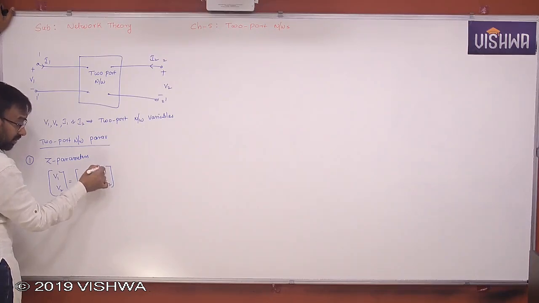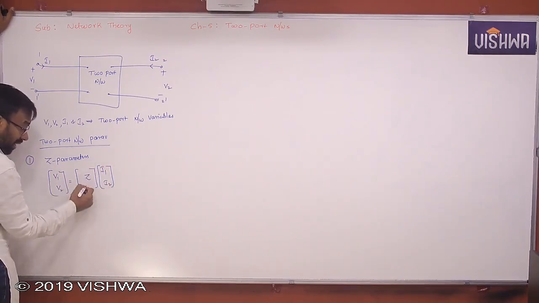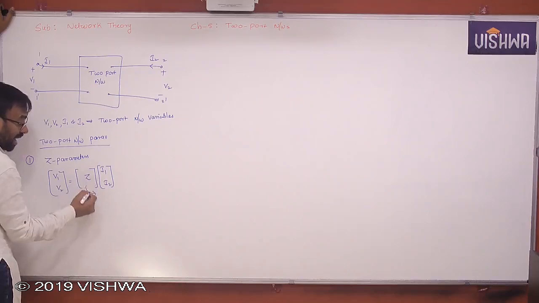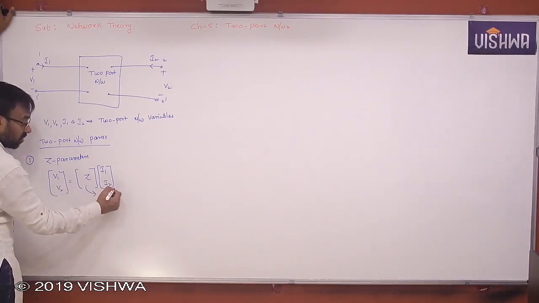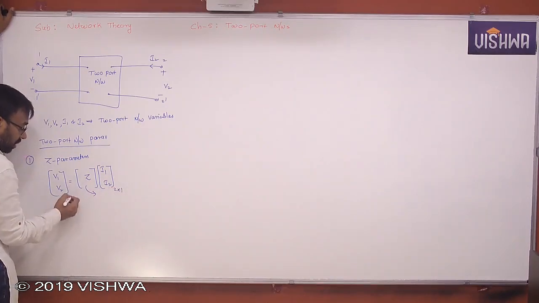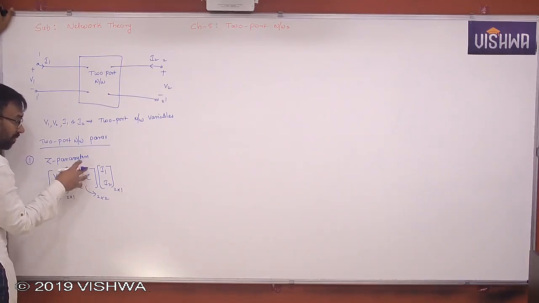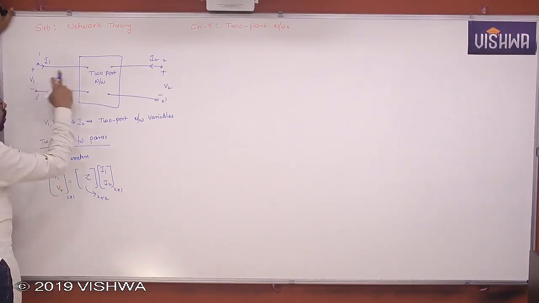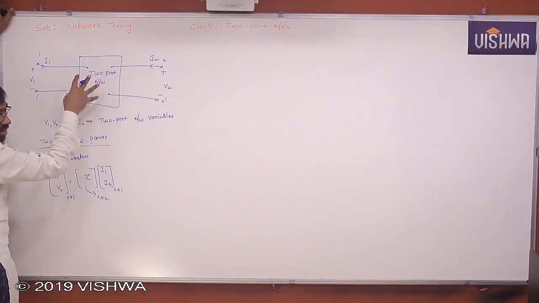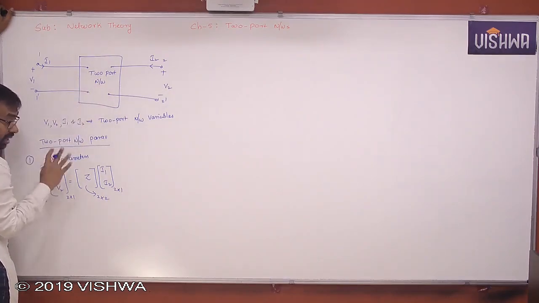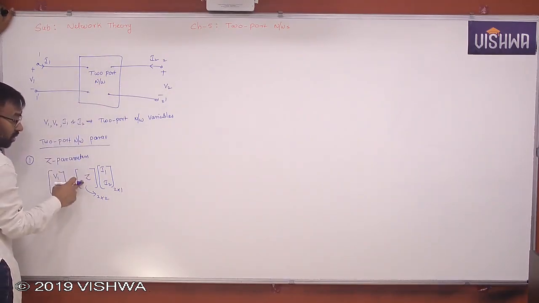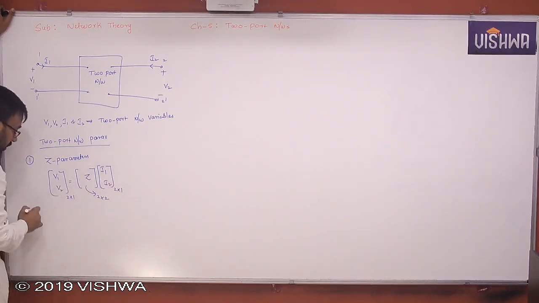If you specify these values, the other two can be calculated, provided this matrix is known. But how many elements are in this matrix? This is a 2 by 1 matrix and this is a 2 by 1 matrix, so this should be what? A 2 by 2 matrix. Yes or no? Therefore you have 4 parameters. A two-port network will have 4 Z parameters: Z11, Z12, Z21, Z22. That's it.